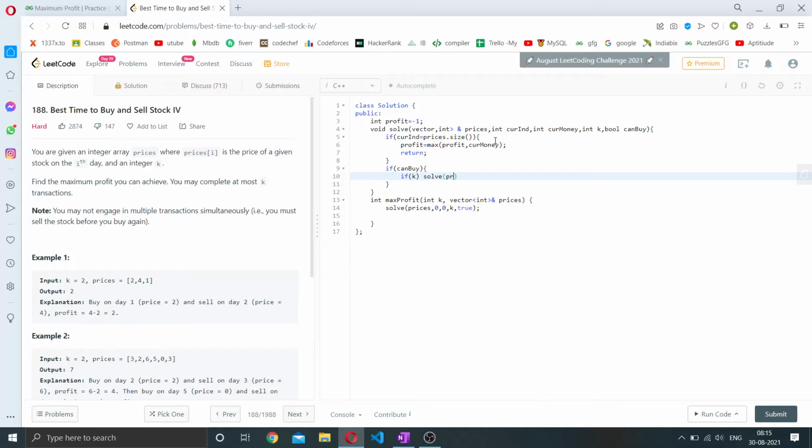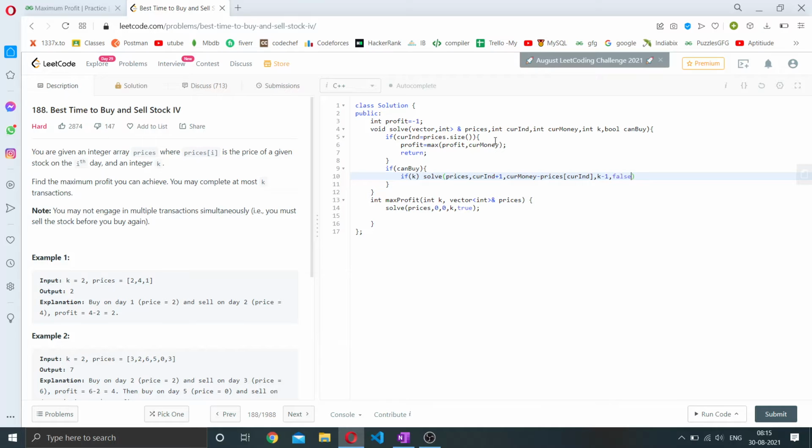So what we can do is call solve with prices, and we will increment our index by 1. Our current money will be decreased by the current price, since we have bought the stock and have to give money, and our transactions left will be decreased by 1.